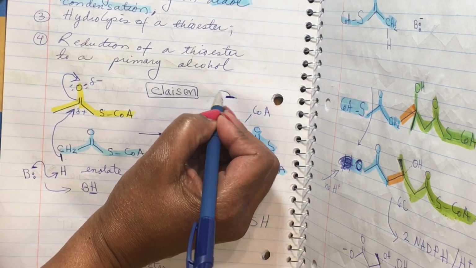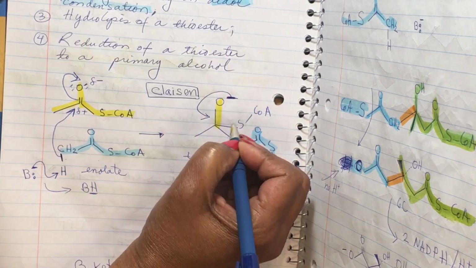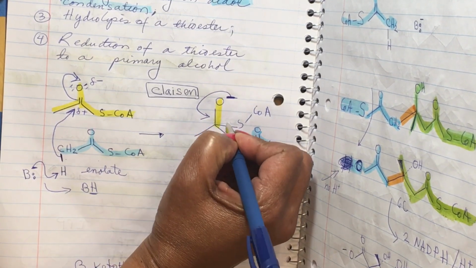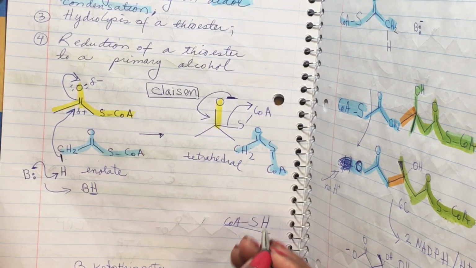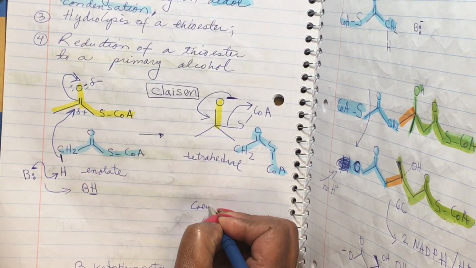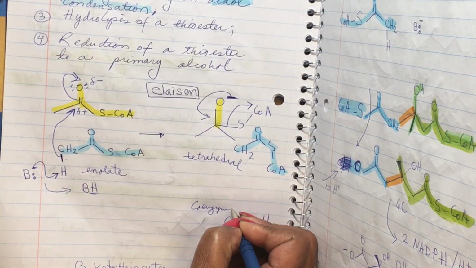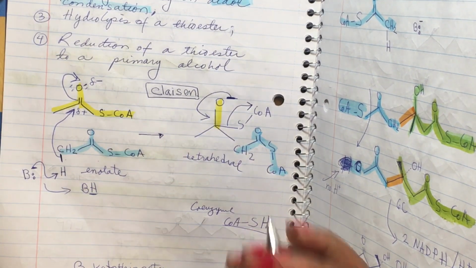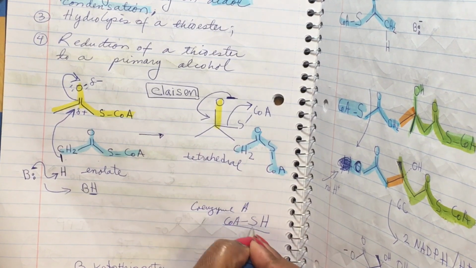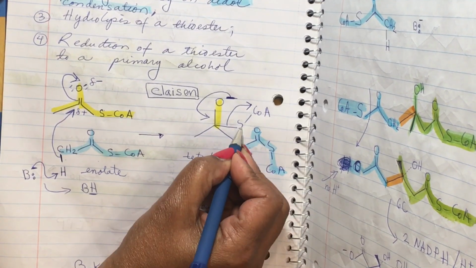So we are going to reform the carbonyl, and we are going to release a unit of coenzyme A, that has a free thiol group, and that's what we're going to represent here.